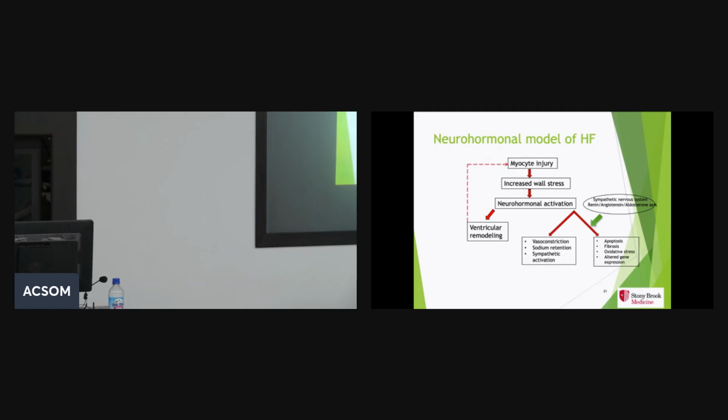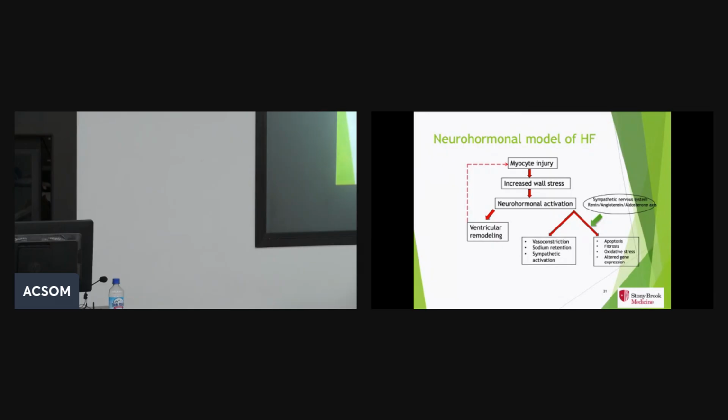But these are really critical primitive hormonal pathways, right? In the advent of the cath lab and modern medicine, now we have the opportunity to survive and revascularize, but these pathways are still activated.